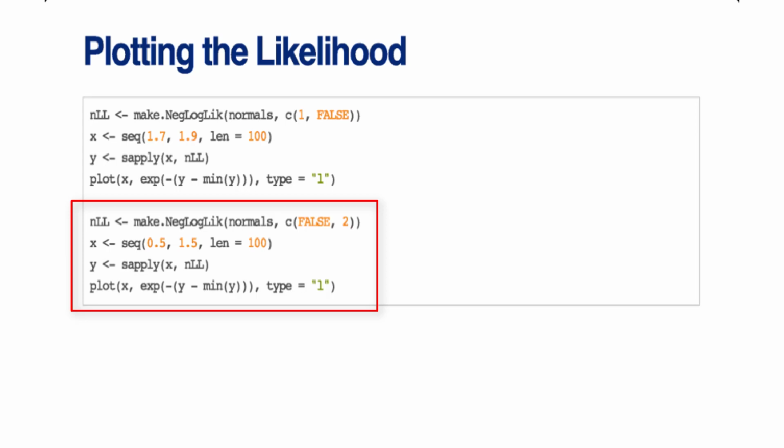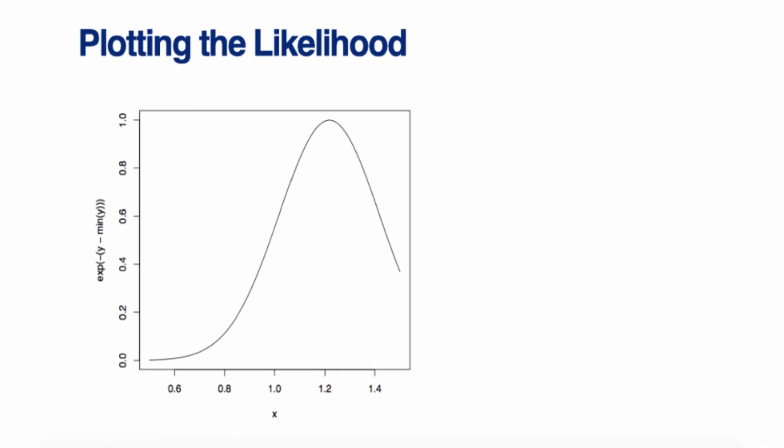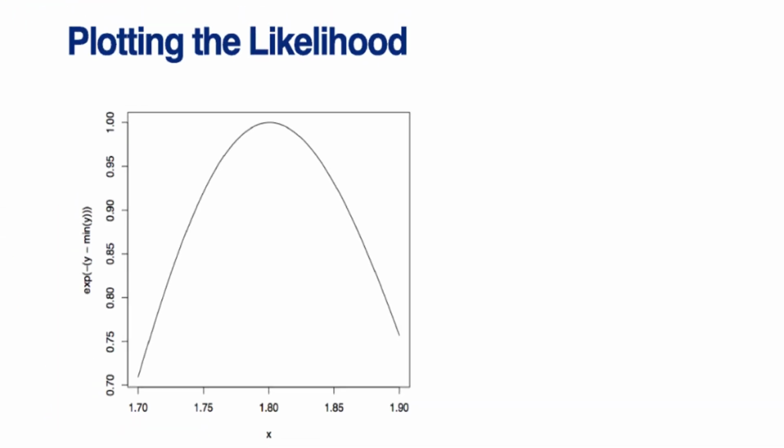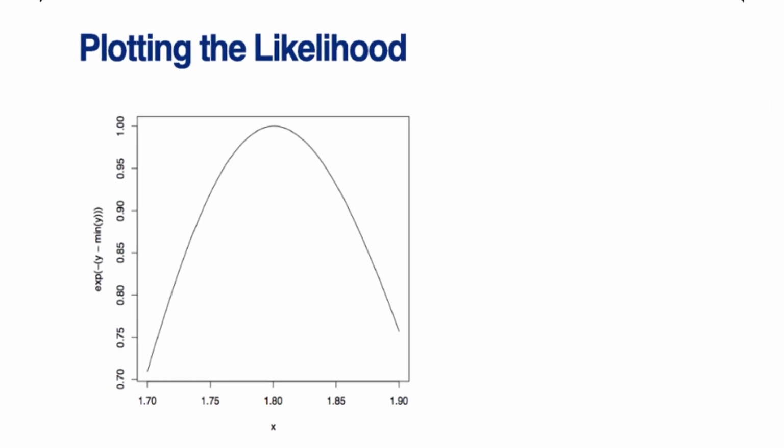And similarly, I create another set of grid points, and I evaluate the NLL function on those grid points and then make a plot. So this is the plot for the negative log likelihood as a function of sigma with fixed mu equal to 1. And this is the plot for the negative log likelihood as a function of mu with fixed sigma equal to 2.